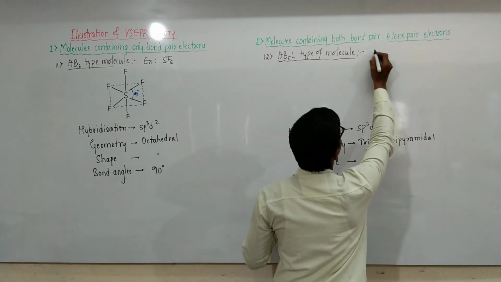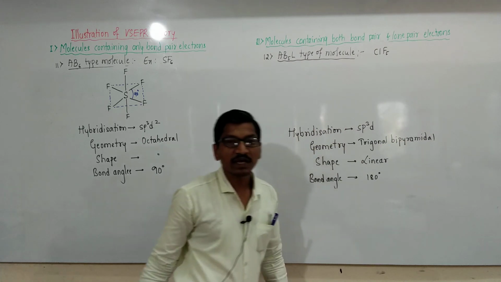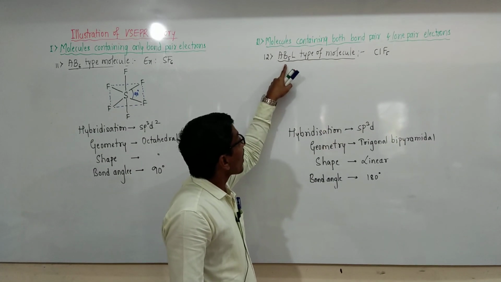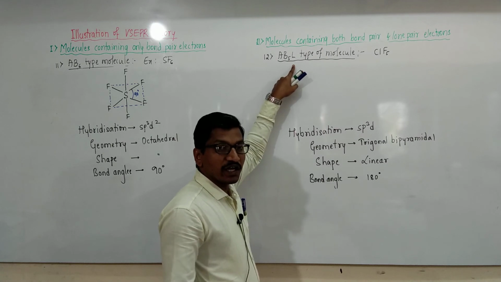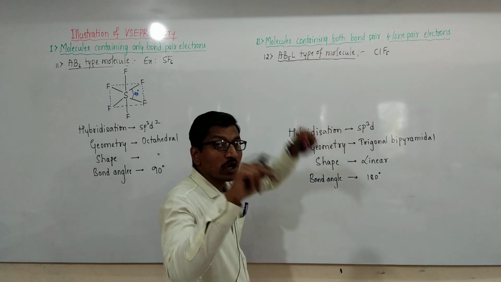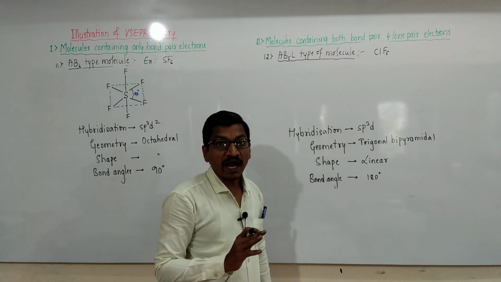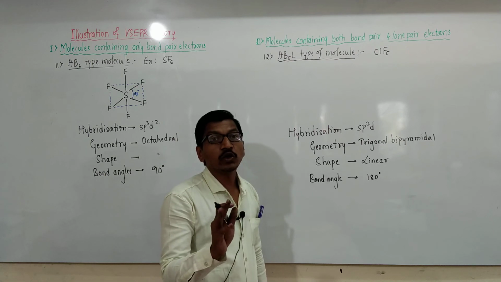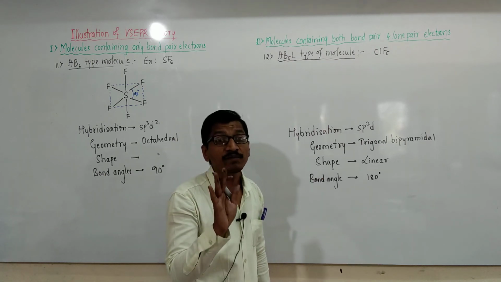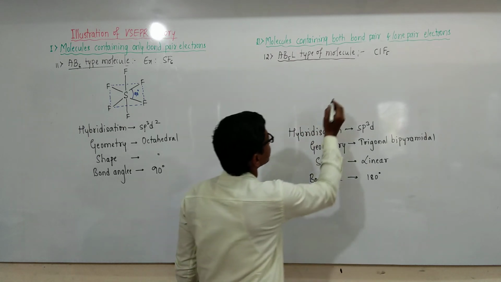Example for this is ClF5. Here AB5L type of molecule contains 5 bond pairs and 1 lone pair, and the lone pair is occupied in the axial position, and the shape as well as geometry of the molecule are different. Shape of the molecule is square pyramidal and geometry is octahedral.